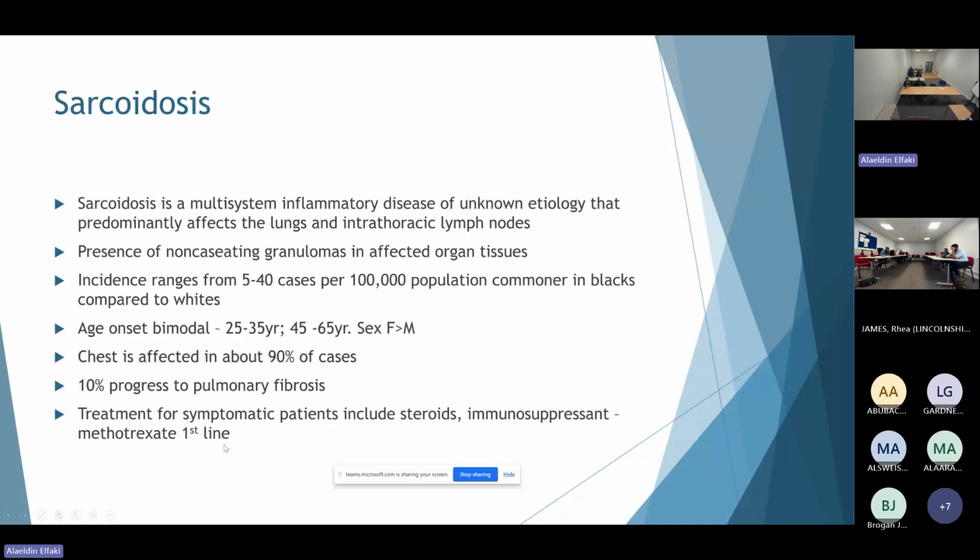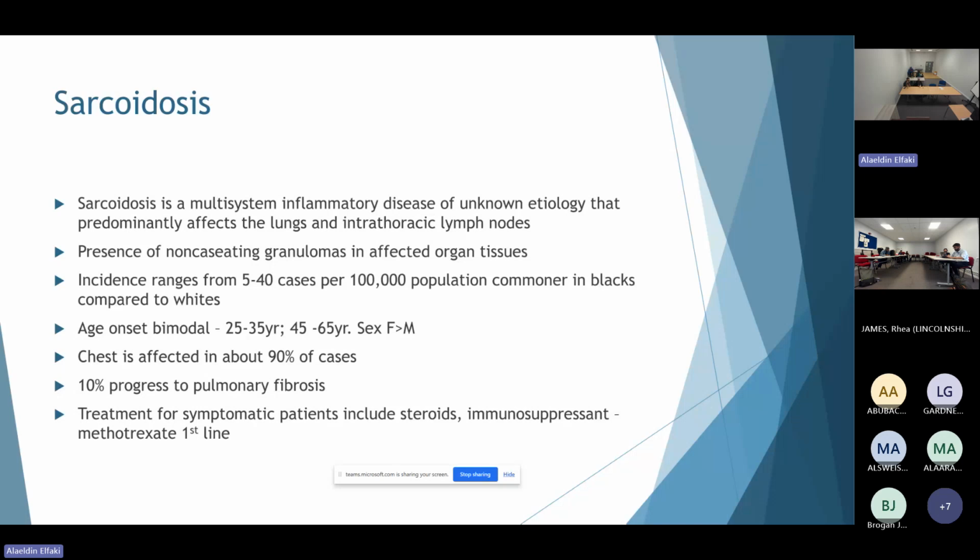The incidence of sarcoidosis ranges between 5 to 40 cases per 100,000 of population, and it is more common in black people compared to white people. There is a bimodal distribution, at 25 to 35 and again at more than 45.